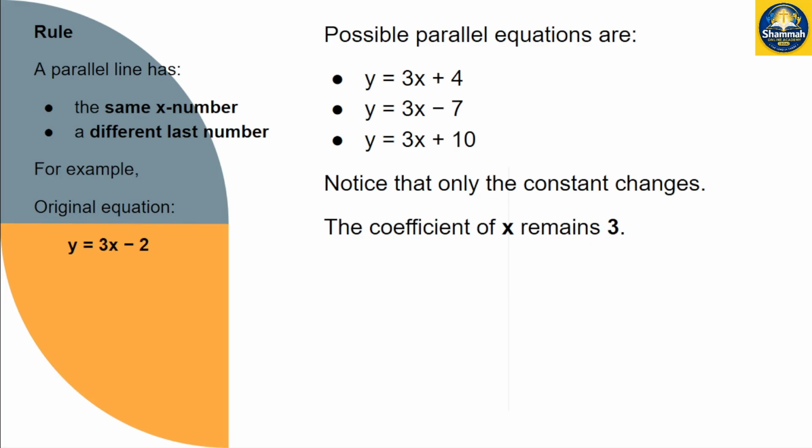So if the original equation is y equals 3x minus 2, the possible parallel equations could be y equals 3x plus 4. Can you see that it retained the x number but changed the last number? Then we have other possible examples like y equals 3x minus 7, y equals 3x plus 10.